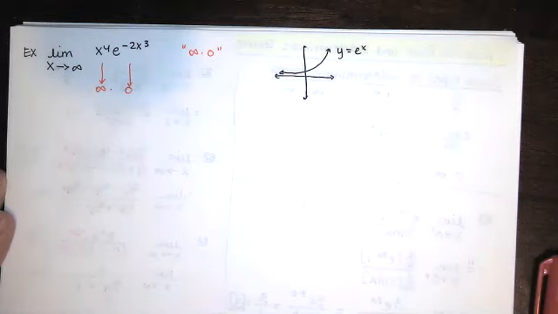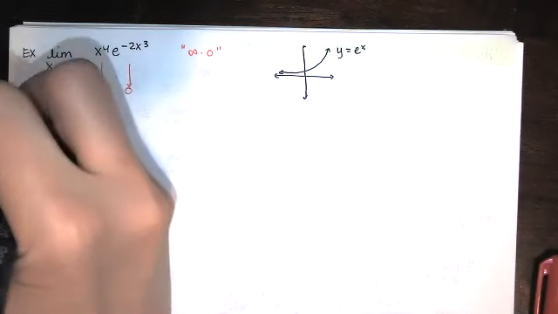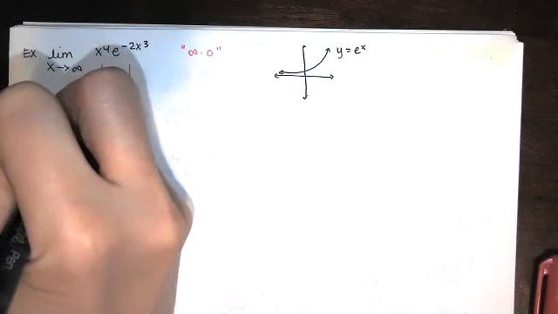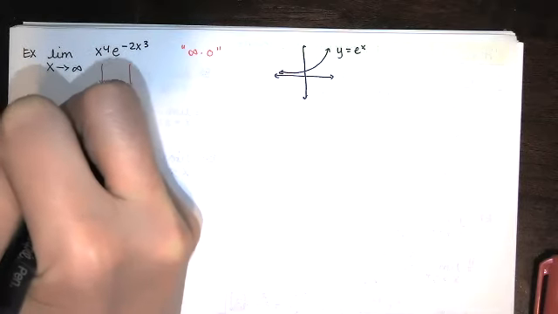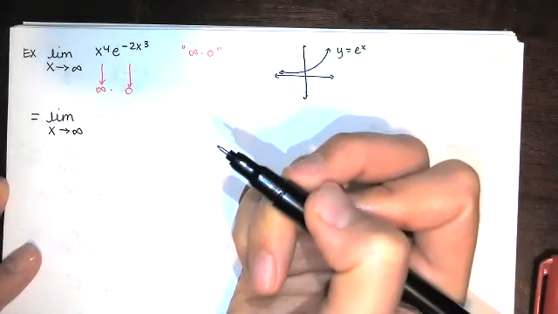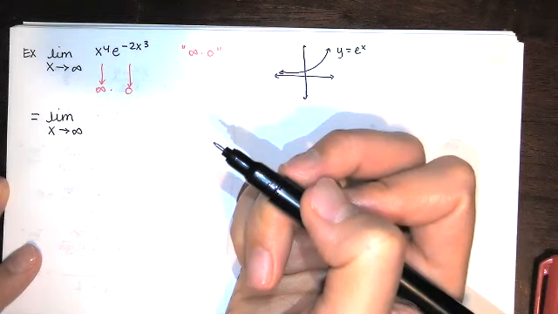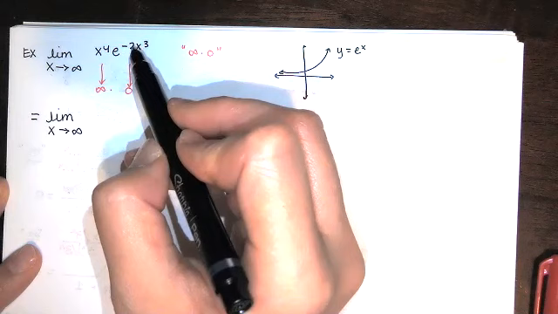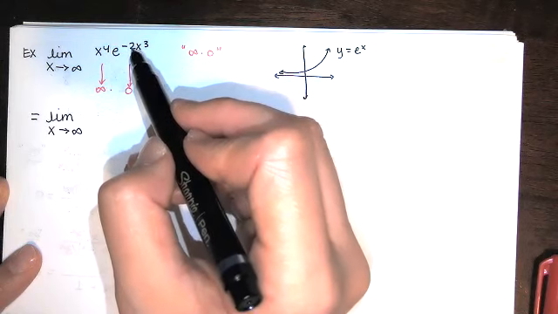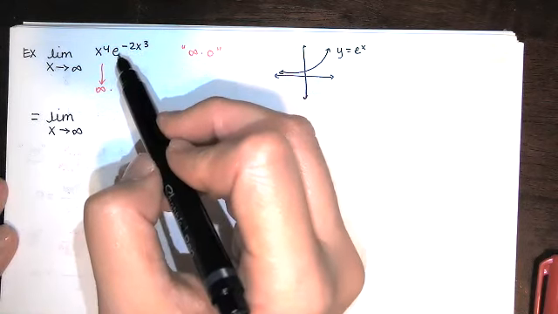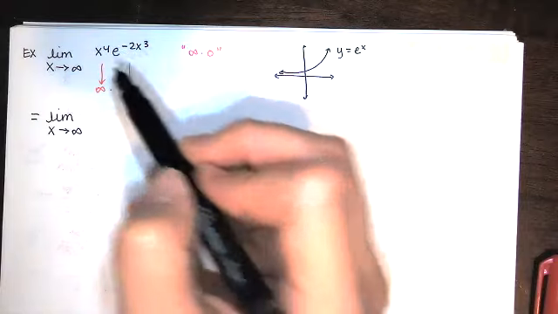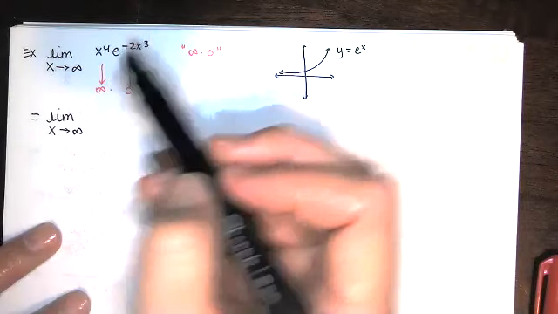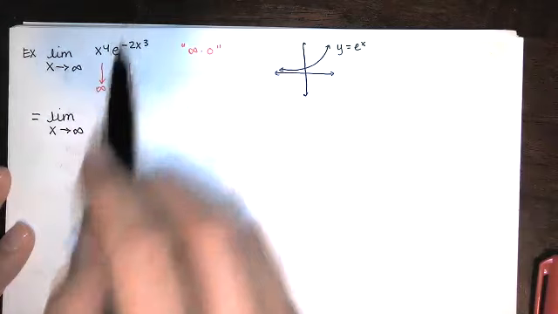Now to get rid of it, basically what you need to do is take one of these factors and put it in the denominator. Multiplying by this is the same as dividing by 1 over that. I know that sounds a little complicated, but we'll talk about that in a minute.